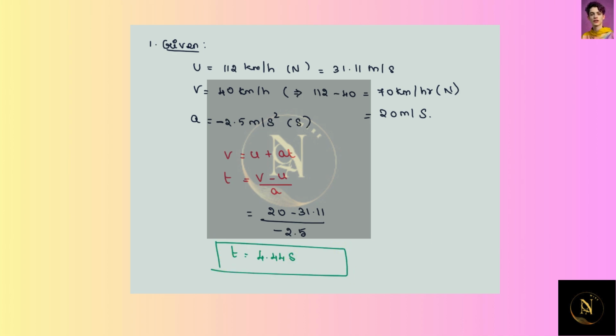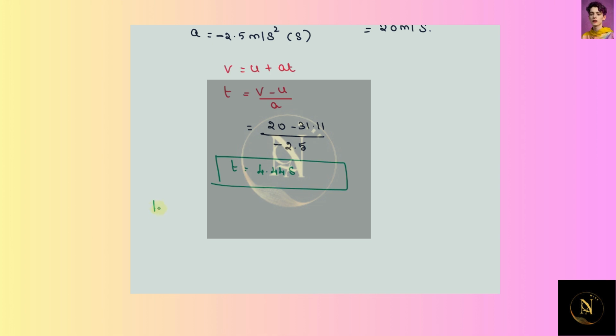And for this second part, that is 1b, we have to calculate the length of the train. So length of the train can be calculated using this equation, s is equal to ut plus half at squared. Now let's plug in the values.